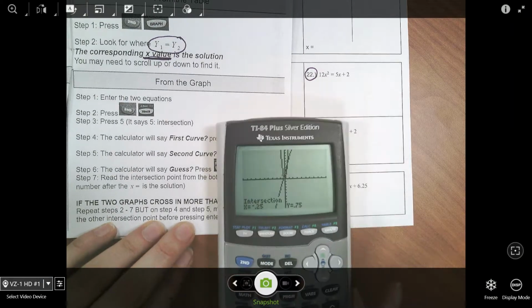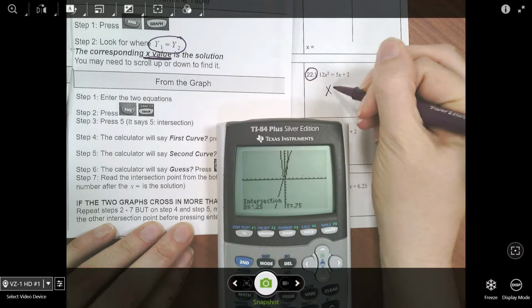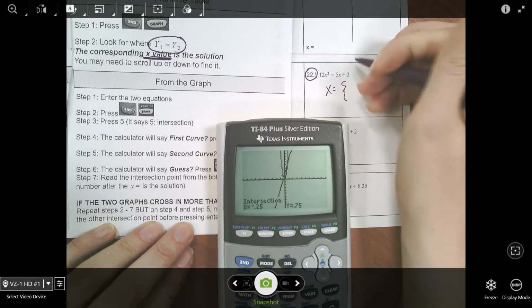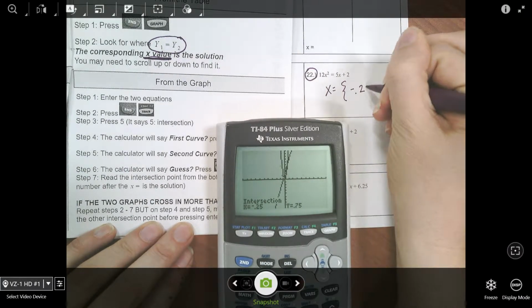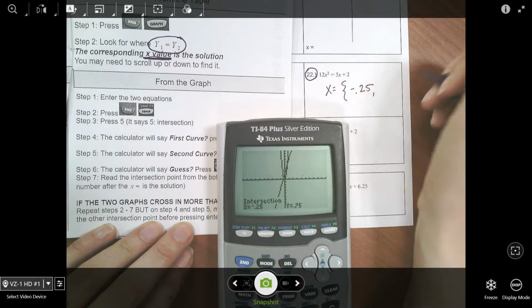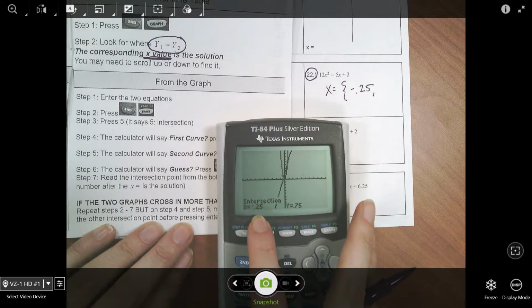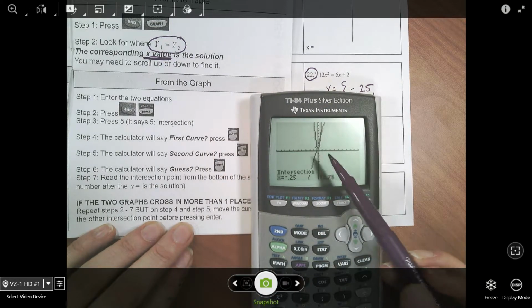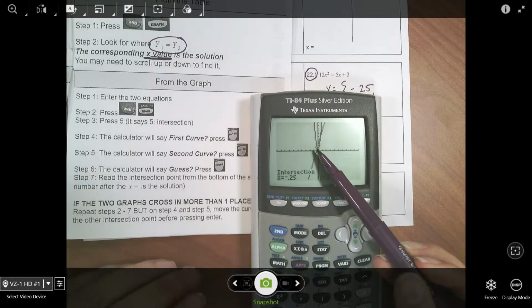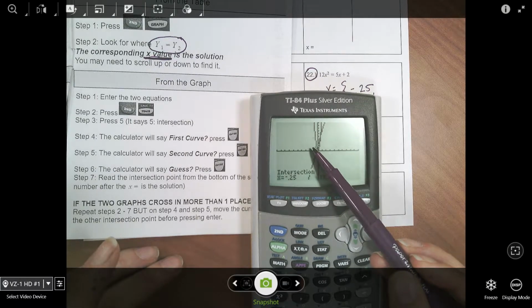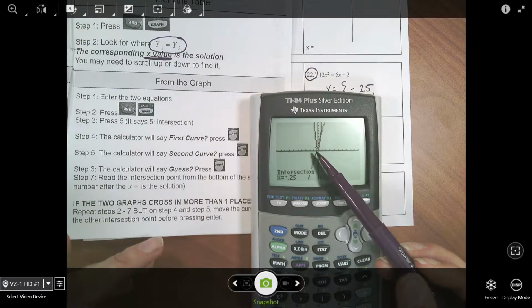Now, it doesn't even matter to me what that y value is because our solution is the x coordinate. So all I want to look at is that -0.25. What the calculator is basically doing is asking, okay, you want me to look at the intersection between this graph and this graph?